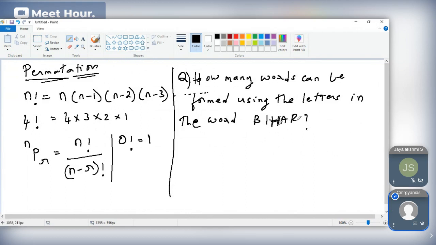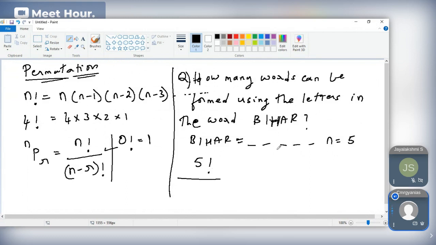This is the question. In Bihar, you have 5 different places to be filled, so n is equal to 5. When you put it in the formula, it becomes 5 factorial.